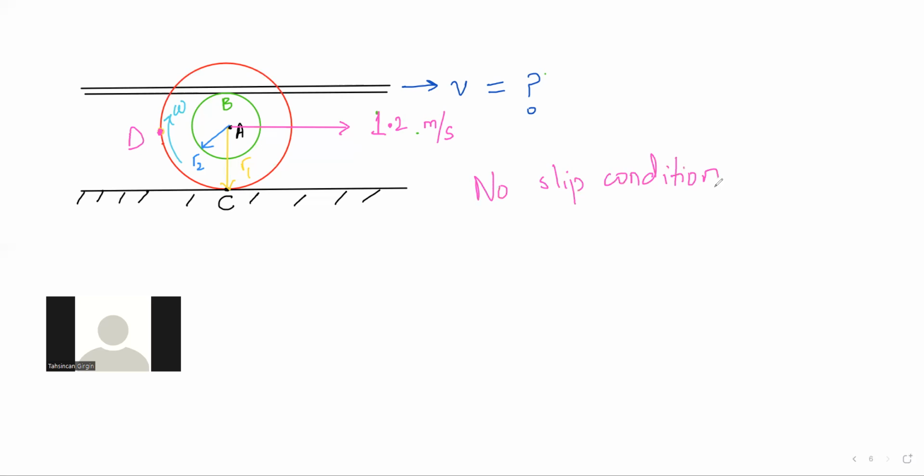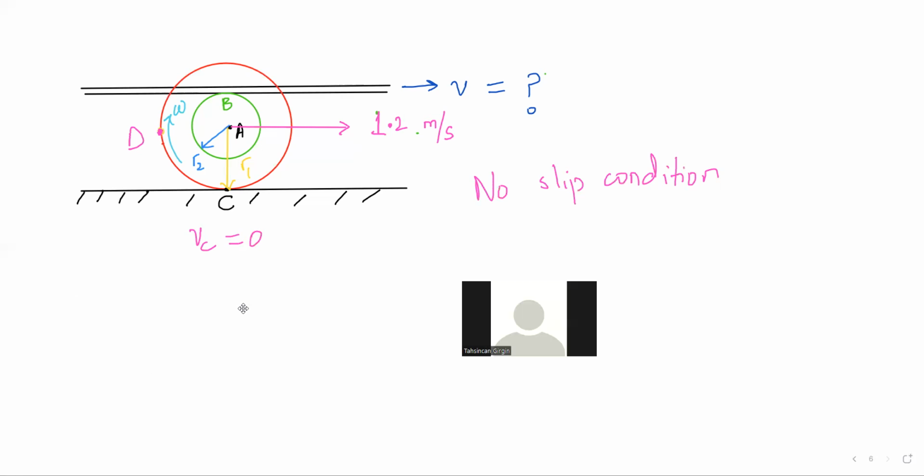Quickly, very good. VBC is 0. Your R1 is 150 millimeter and my R2 is 100 millimeter. Then give me the velocity of B.